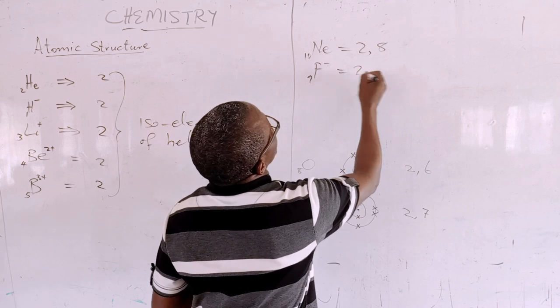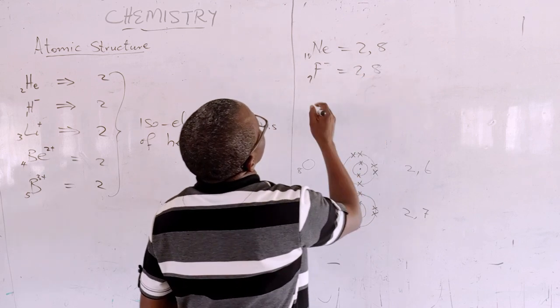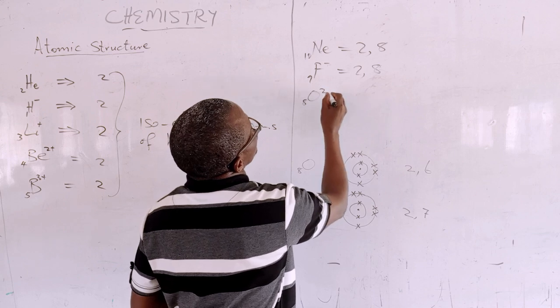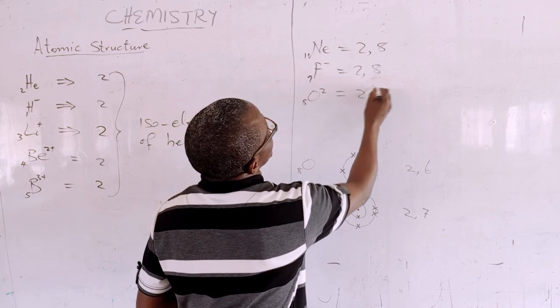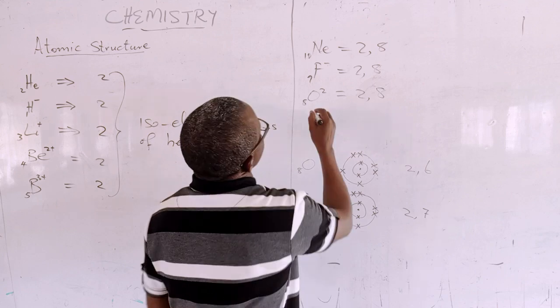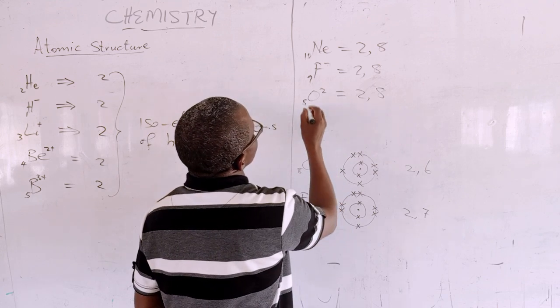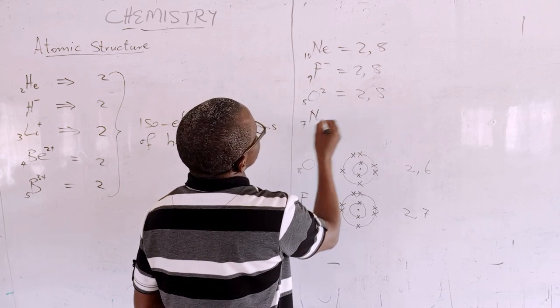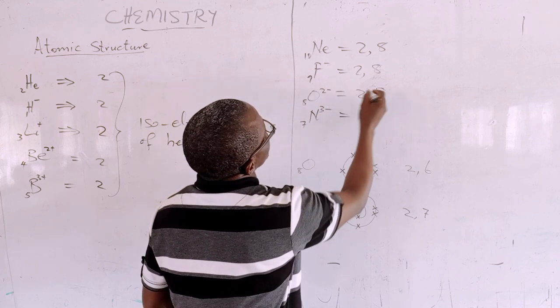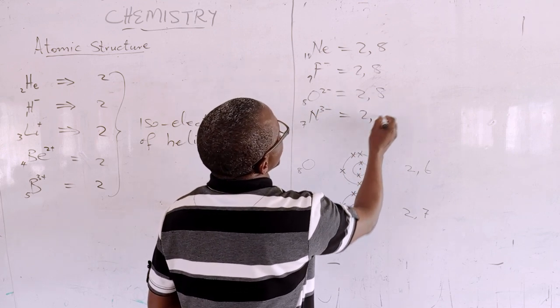So you now have 2 and 8. If you go for oxygen with 8, it will borrow 2. That will be 2, 8. If you go for nitrogen, that would be 7. It will be minus 3. That will now give you 2, 8.